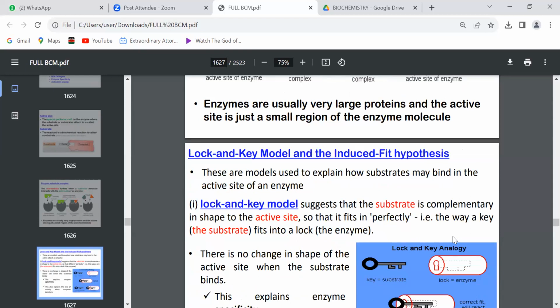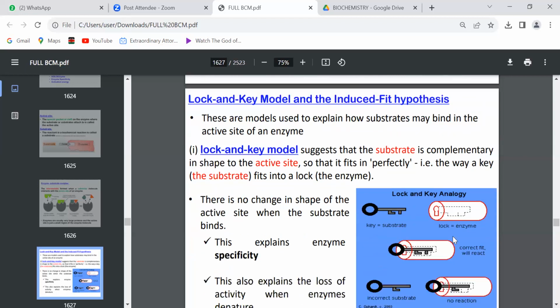Considering how a lock and a key works, a specific key is made for a specific lock, so they cannot be used interchangeably. That would bring about specificity of enzymes and the kind of reactions they'll catalyze.